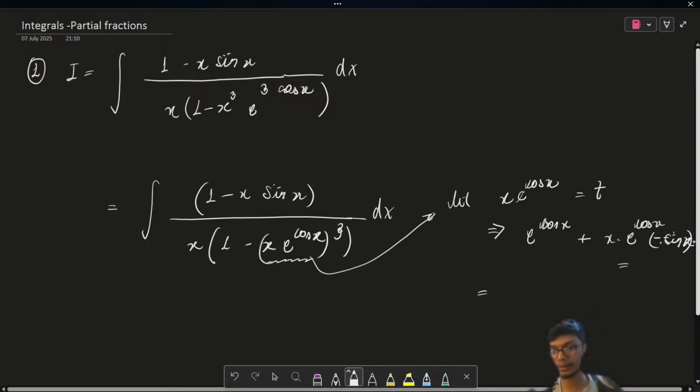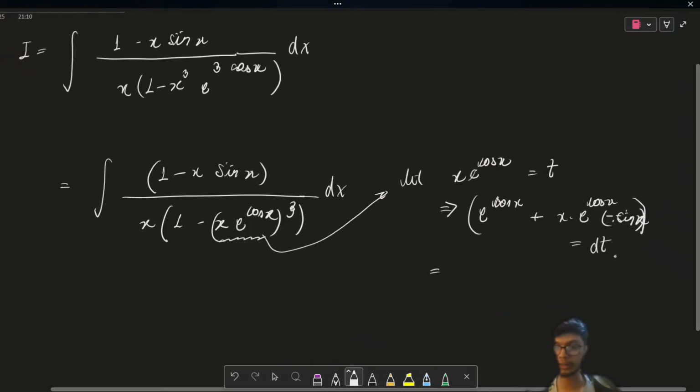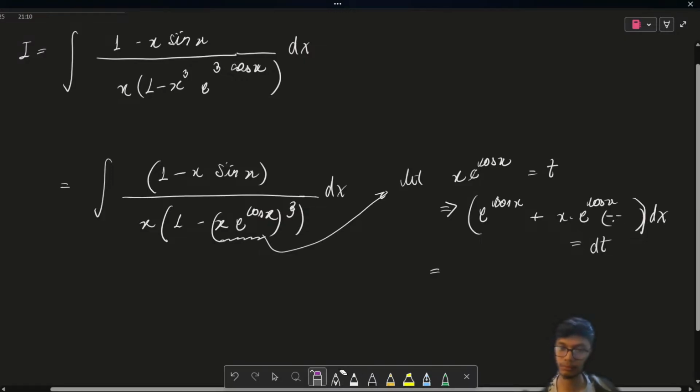And this is basically going to be dt, and also don't forget that there is a dx over here, right? So just substitution method I'm applying over here, right? Okay, this is equal to dt.